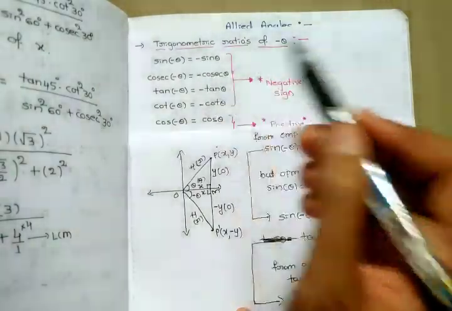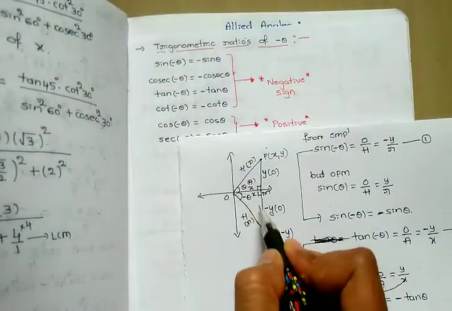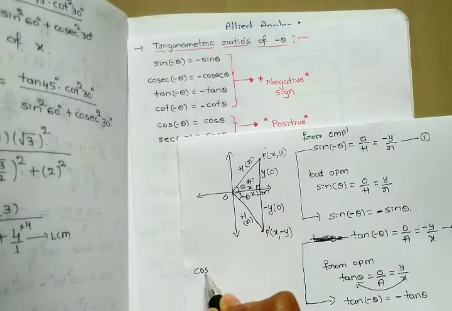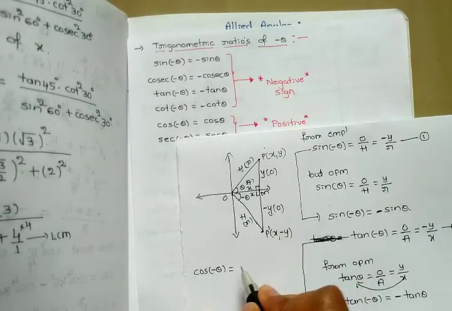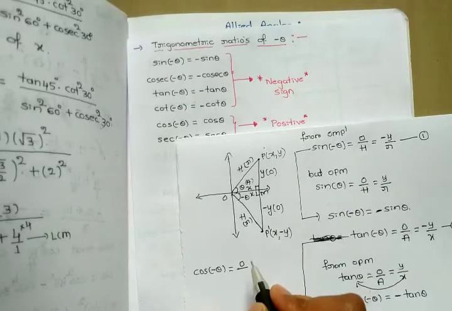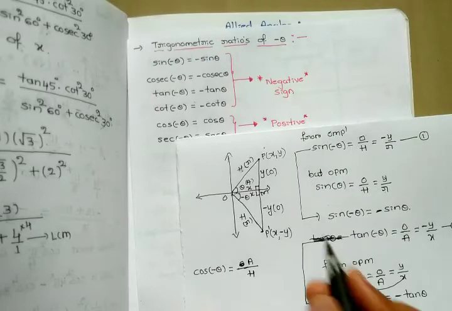Therefore, these all four remain with a negative sign. Next, if I take cos of minus theta from this triangle, you know the cos formula is adjacent side divided by hypotenuse side.